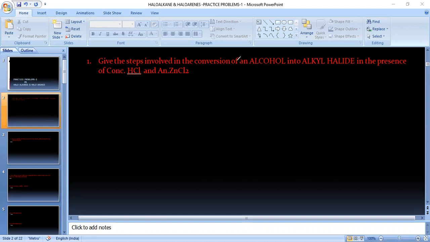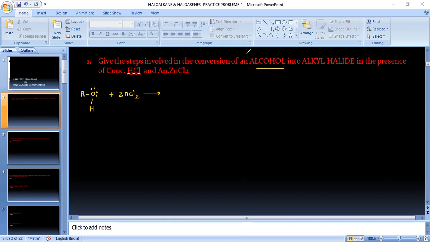Here, first I am going to take the alcohol ROH, where the oxygen has two lone pairs. First it reacts with the anhydrous zinc chloride, ZnCl2.